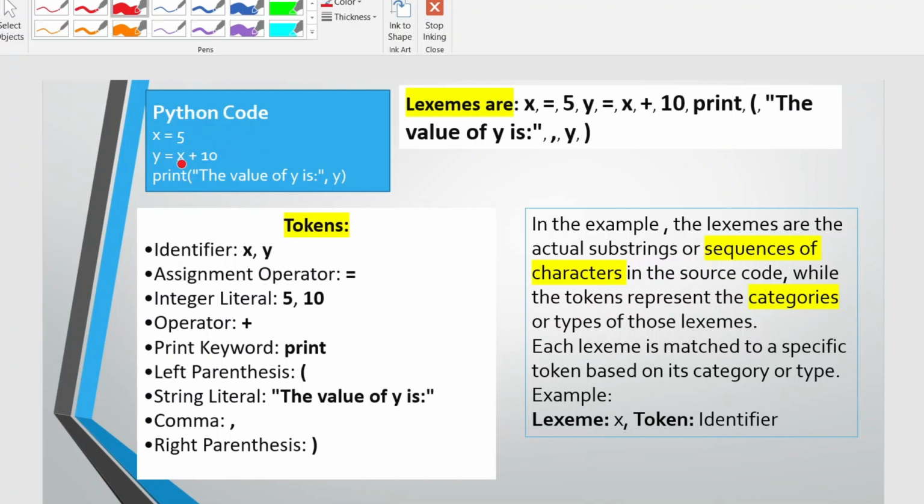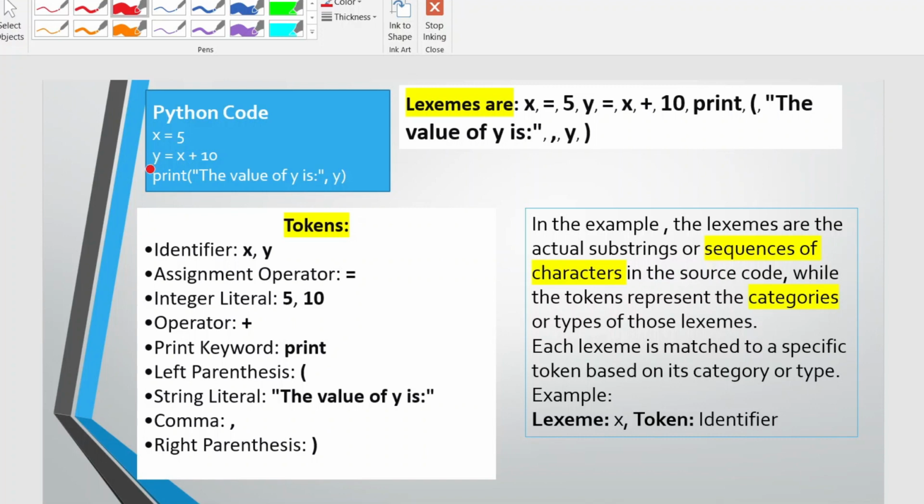Now, every lexeme belongs to a specific category. That category is known as the token. So we can say that tokens are basically sequences of characters. Let's suppose this x and y. Both of these belong to the category of identifier. So x and y are both lexemes, and they belong to the category of identifier.